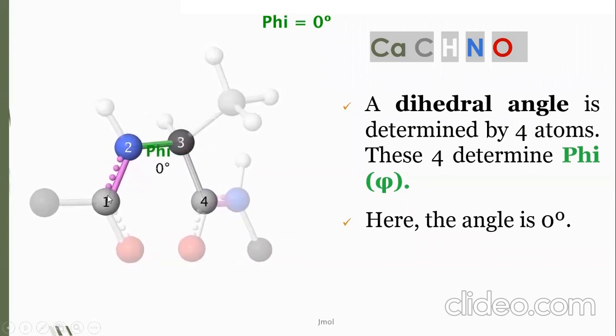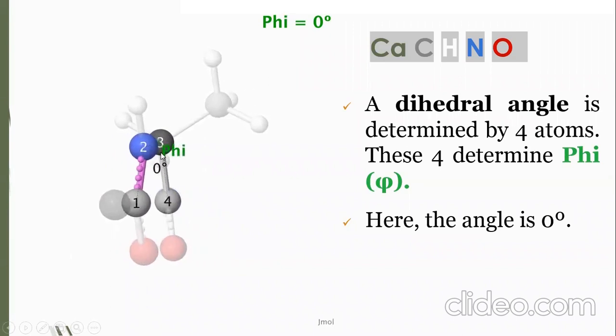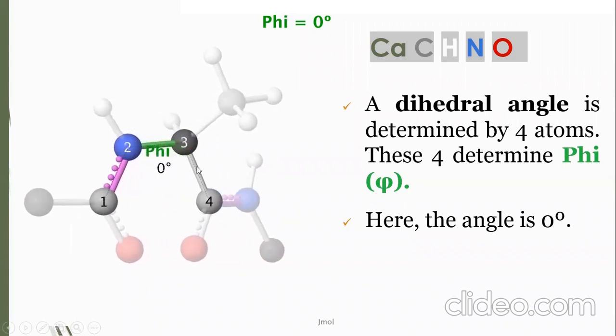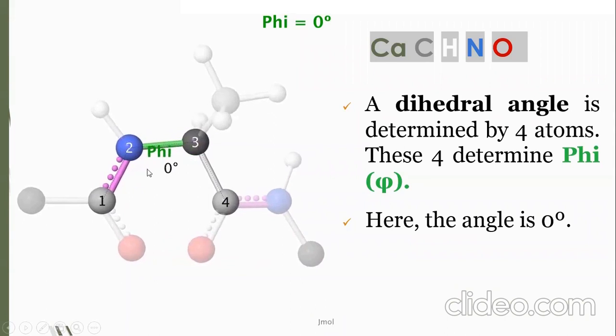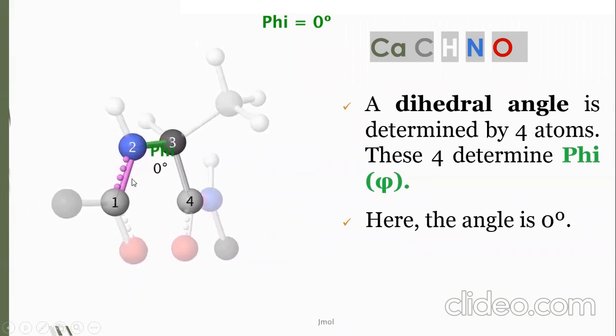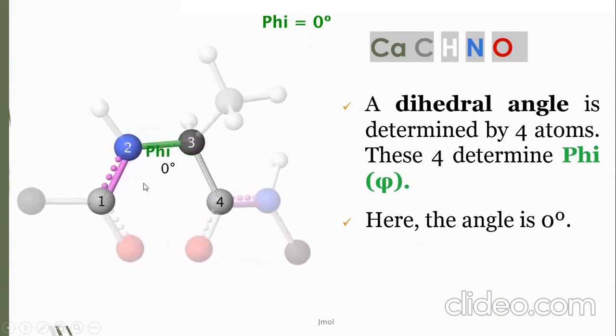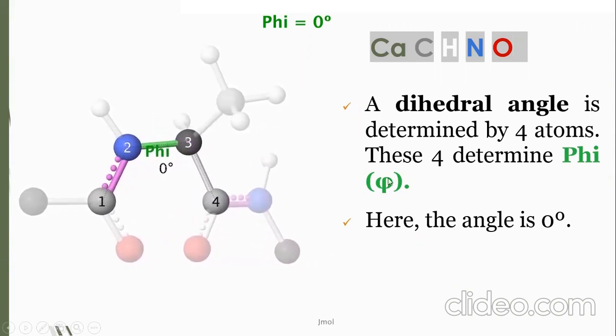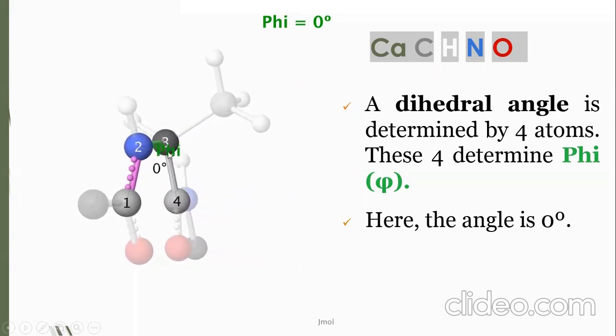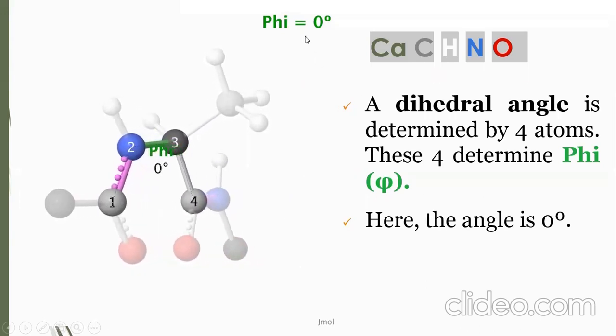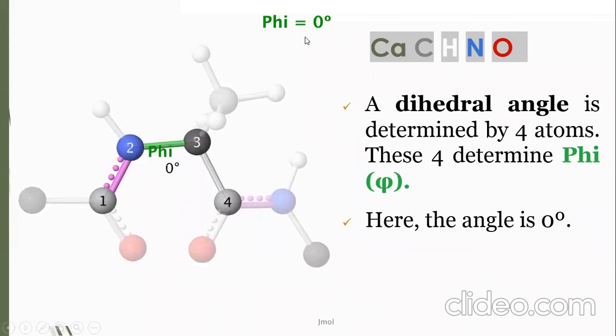So how can we determine the angle? Check these two bonds. If they are making a 0 angle between them, like they overlap over one another, then this will be 0 angle. So now Phi is 0. Am I clear?